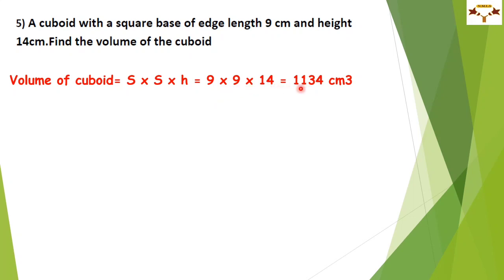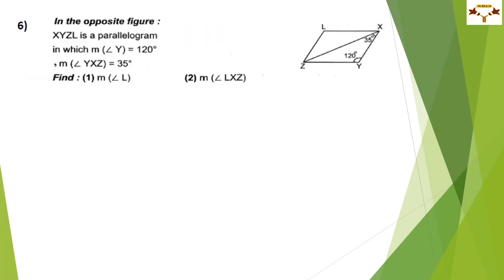So here the side is 9, so 9 times 9 times 14, which is the height, equals 1134 centimeter cube.